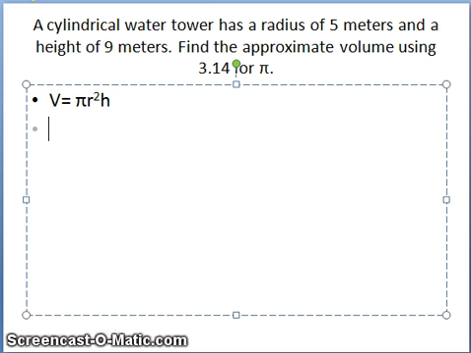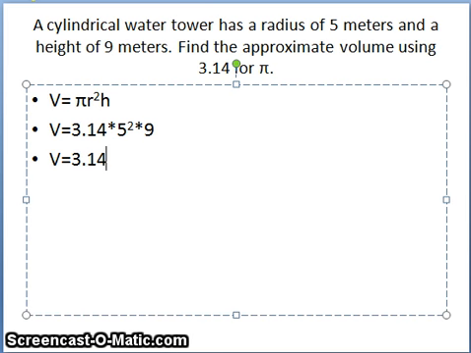First of all, we're using 3.14, so we're going to put that in there. 3.14 times radius, which is 5 meters, so we'll be doing 5 squared, times the height of 9 meters. So volume equals 3.14 times 25, because 5 squared is 25, times 9.